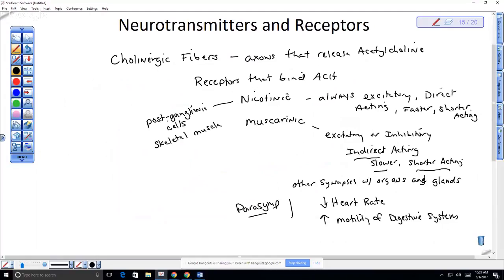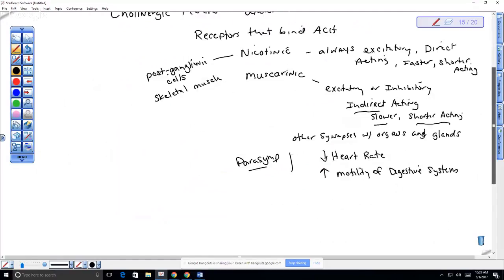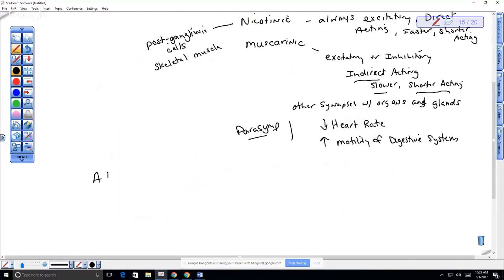Okay. The other fibers that are found in the ANS are called adrenergic. Just remember adrenaline. Remember that norepinephrine has another name, which is adrenaline.